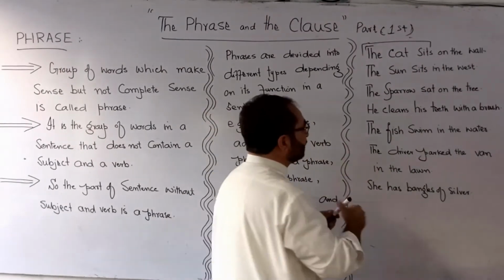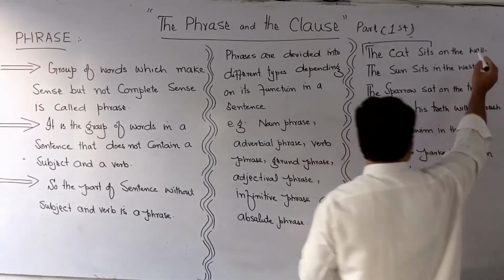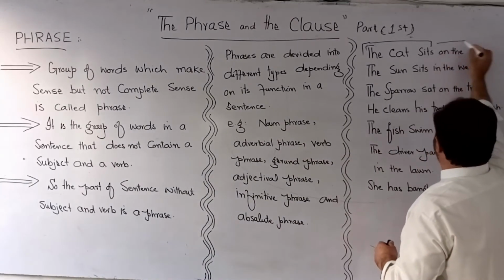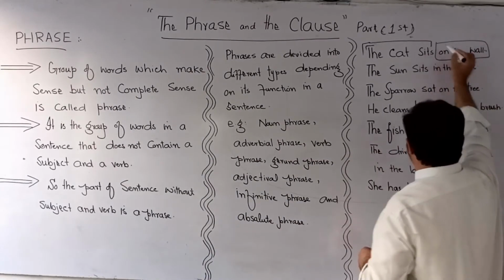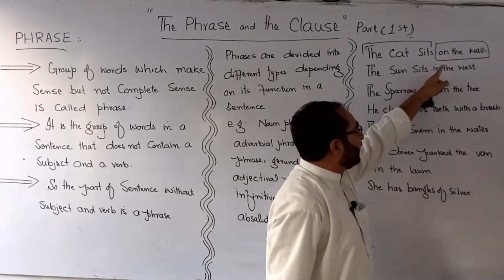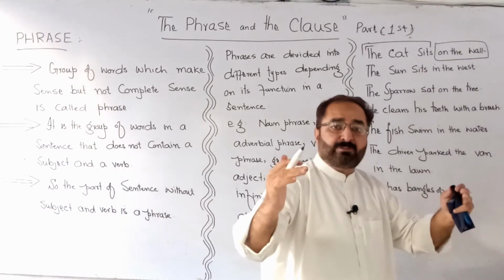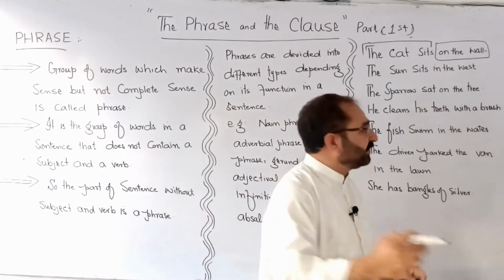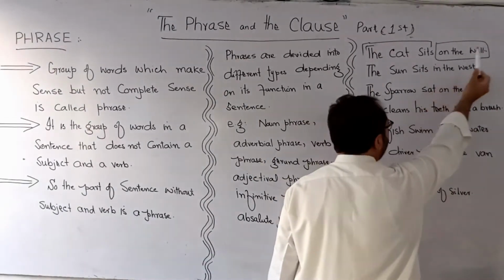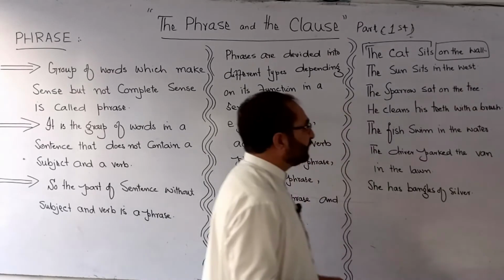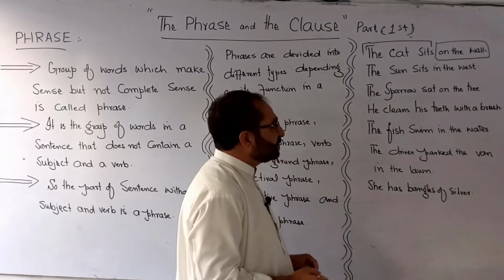But the remaining part of the sentence is a group of words. Look at here. In this part of the sentence, we have brought together three words: on the wall. This is a group of three words arranged in a sentence.